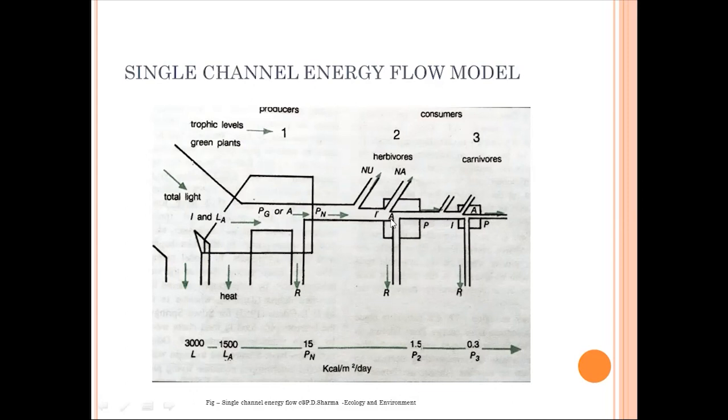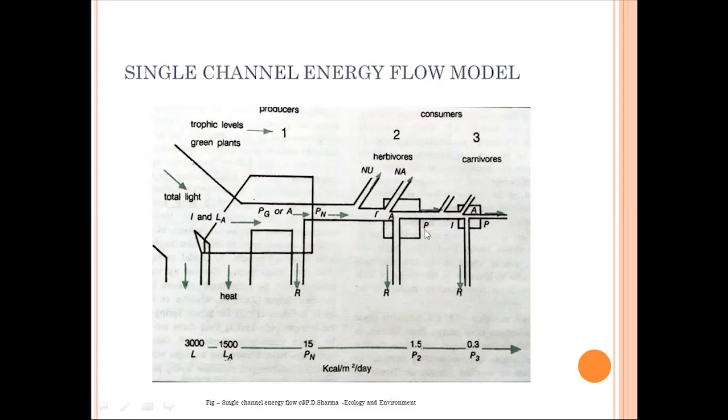Here again, out of this net primary production, some of the energy will not be utilized. So NU stands for energy not used. It might be stored or exported. Then NA stands for energy not assimilated by the consumers. That means it might be egested out of their body. Then some of it again is lost in respiration.